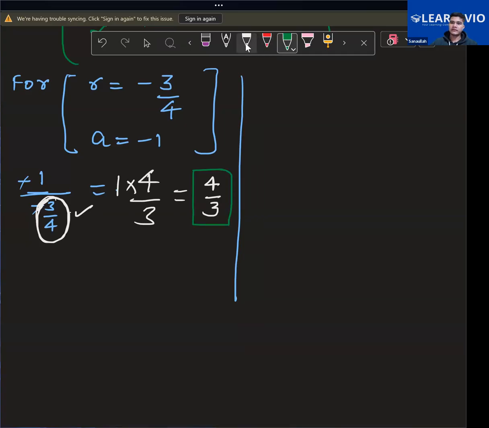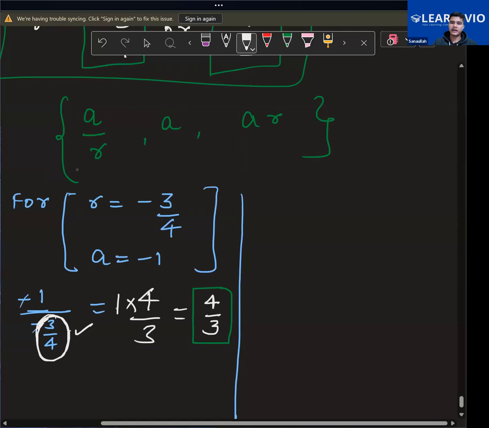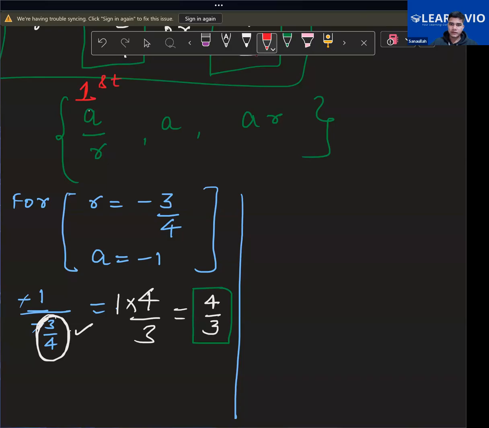Now what is the second term? See, a by r was the first term, this is the second, and this is the third term. We got the first term a by r, that is 4 by 3.